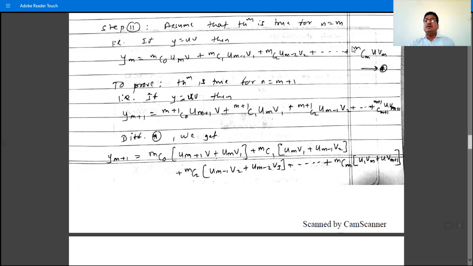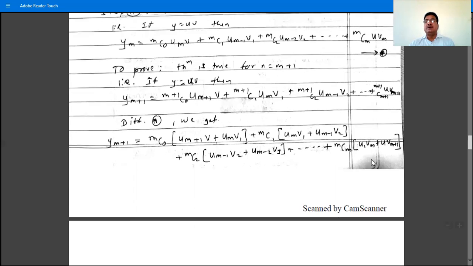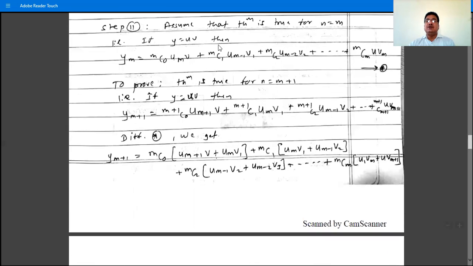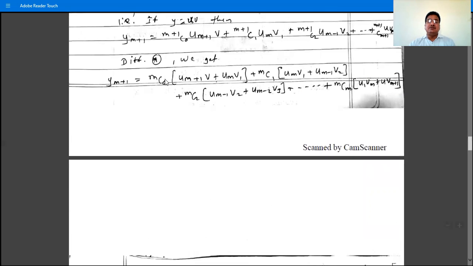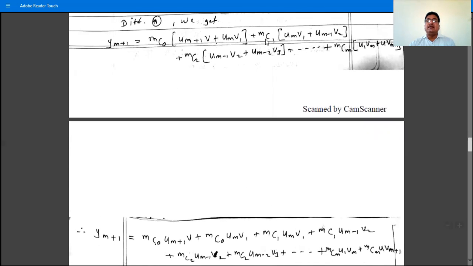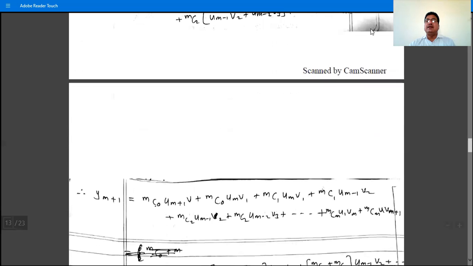Plus so on, plus mCm, a constant, and the derivative of u v_m again by the u into v rule: the derivative of u is u1, v_m as it is, plus u as it is, and the derivative of v_m is v_(m+1). So this is the derivative of the equation (star), and then multiply by mC0 in the bracket, mC1 in the bracket, mC2 in the bracket, up to mCm in the bracket.